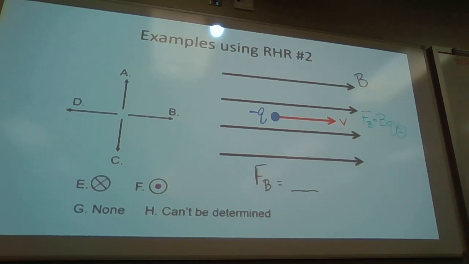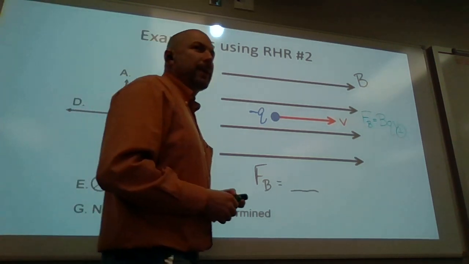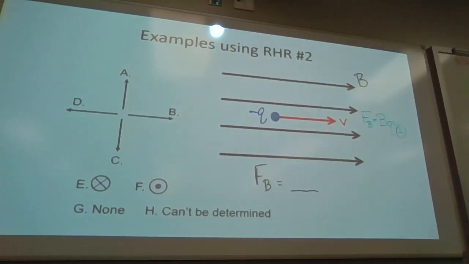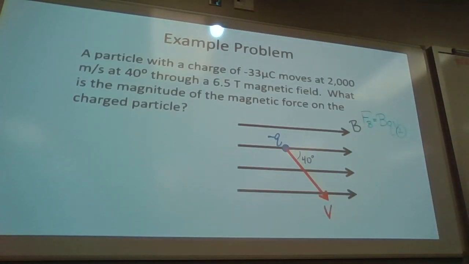If the velocity is parallel to the magnetic field, no force. Get with that? There has to be some component of velocity that is perpendicular to the magnetic field. Okay?